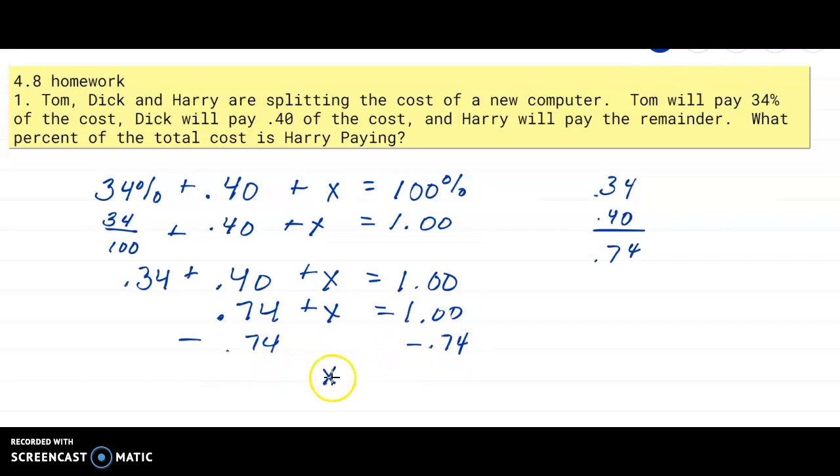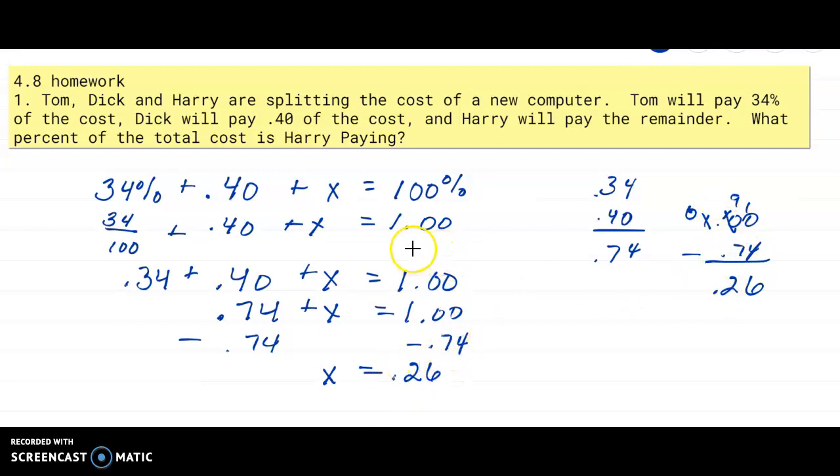Then x equals, well, I've got to do this math, 1.00 minus 0.74. 10 minus 4 is 6, 9 minus 7 is 2. Bring my decimal down. Since I'm subtracting decimals, I had to line my decimal points up. So my answer is 0.26.